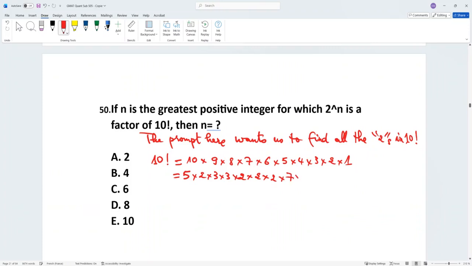7 is a prime number. 6 here is 2 times 3, and 5 is a prime number, and 4 is 2 times 2, 3 is a prime number, times 2 and times 1. Okay, we can even drop that. So now how many 2's do we have? We have 1, 2, 3, 4, 5, 6, 7, 8. So we have 2 to the power 8 times how many 3's? 1, 2, 3, 4.